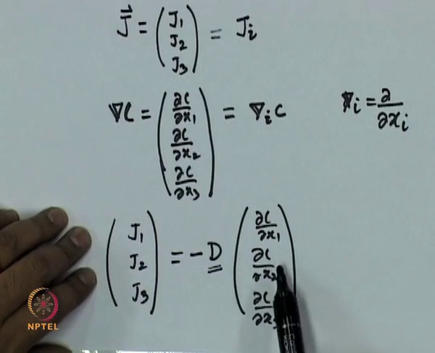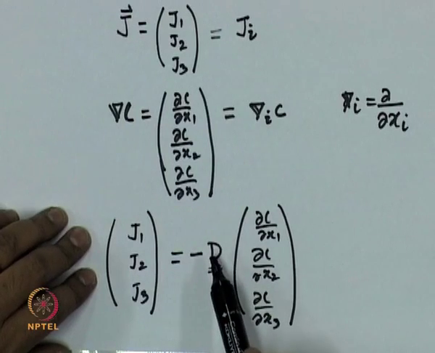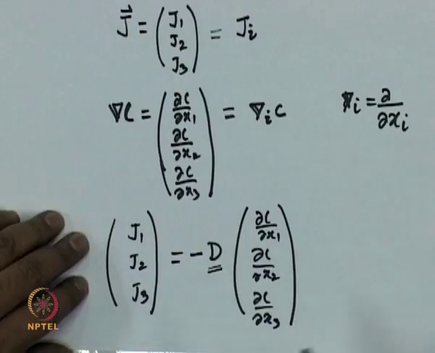In this case, we will later show that under certain conditions you can assume this D to be a scalar, but the most generic expression that I can write in terms of tensors, in terms of matrix notation, is as follows.